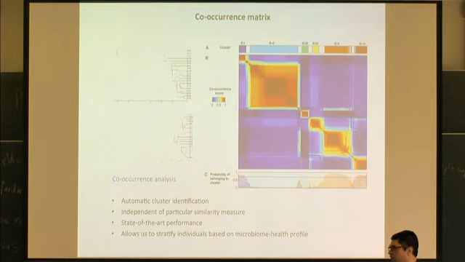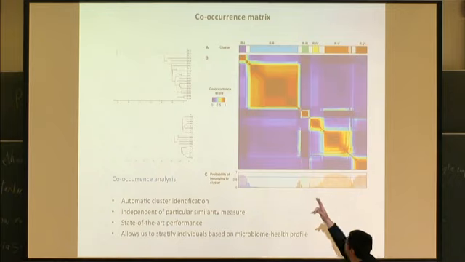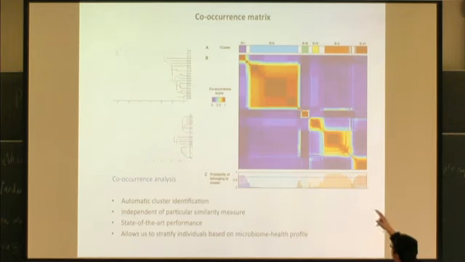Then you compute how often the 2 objects co-occur in all these different simulations, and you construct a matrix of dimensions examples times examples. So it's a symmetric matrix. On the diagonal you have ones, because the same object always co-occurs with itself.